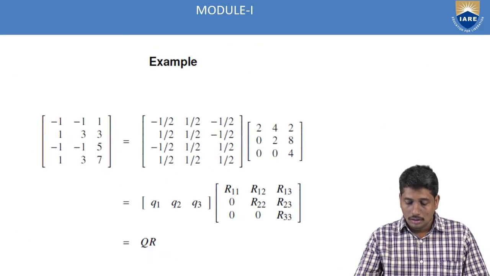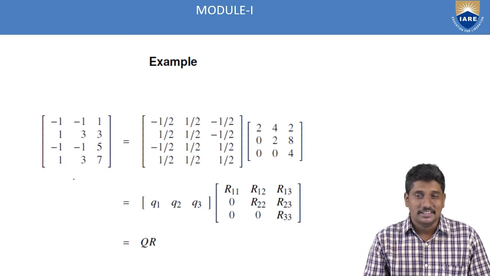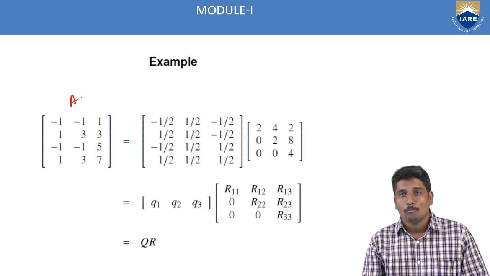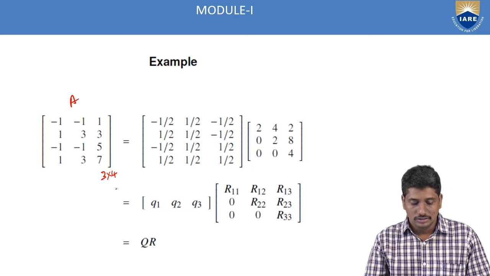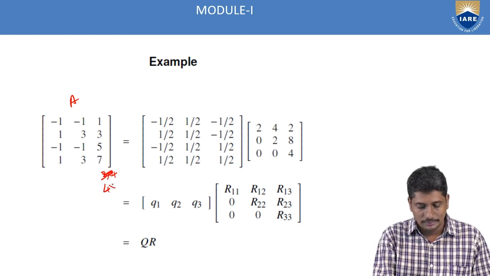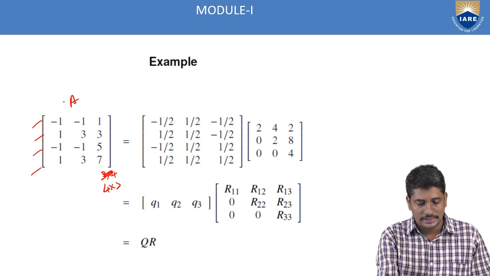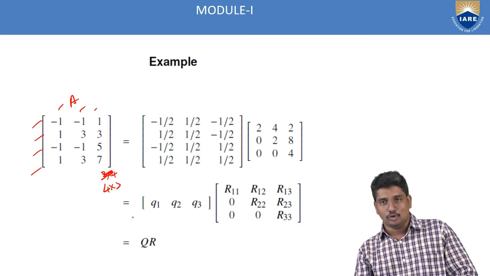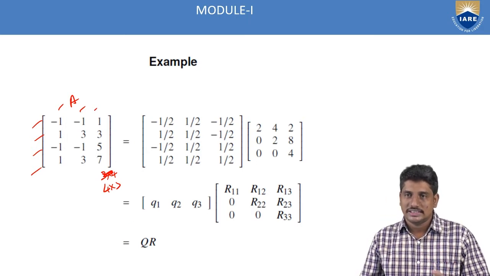Now, for your better understanding, I am presenting an example. Here we have a matrix A, which is of order 3 by 4. Isn't it? Oh no, it is of order 4 by 3, because it has 4 rows, 1, 2, 3, 4, and 3 columns, 1, 2, 3. So it is a matrix of 4 by 3. Of course, we'll learn how to do this in the next class.